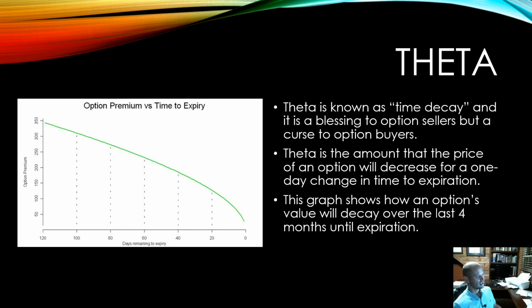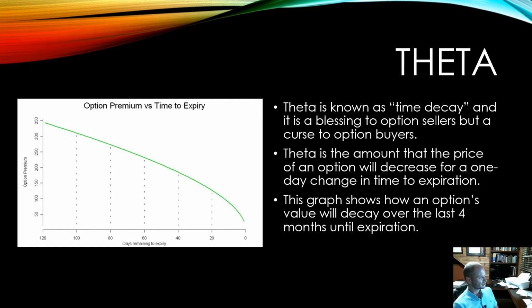Theta. Theta is probably one of my favorite Greeks as an option seller, and it's known as time decay. It's a blessing to option sellers, but it's a curse to option buyers.